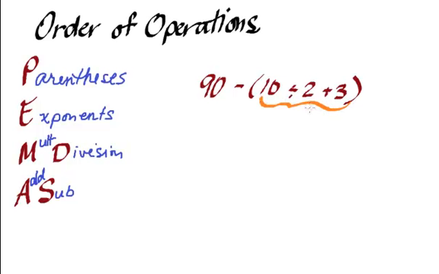Now, once we're inside of the parentheses, we also have to follow the order of operations. So which one comes first, division or addition? Well, you can see division comes first. So we're going to do 10 divided by 2 first. So 10 divided by 2 is 5, plus 3.